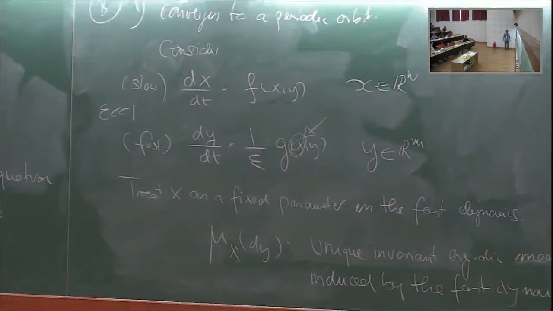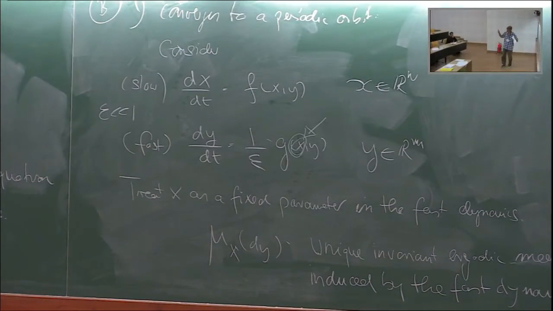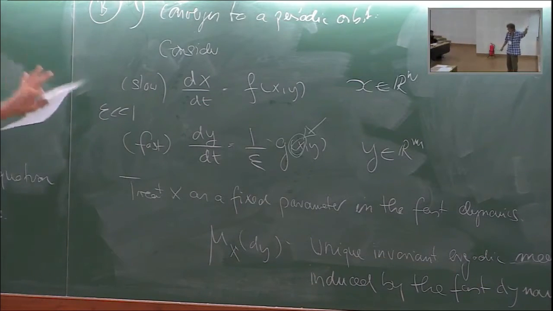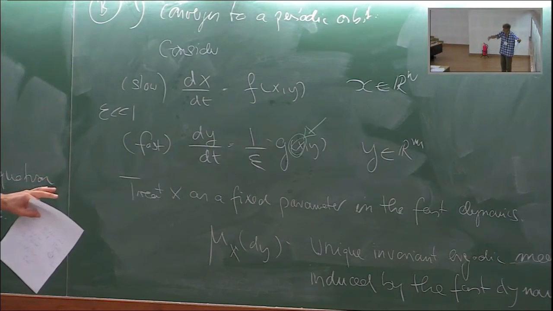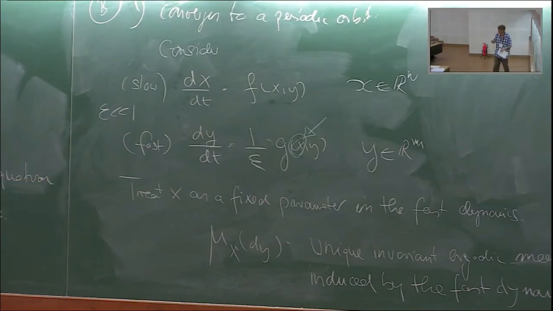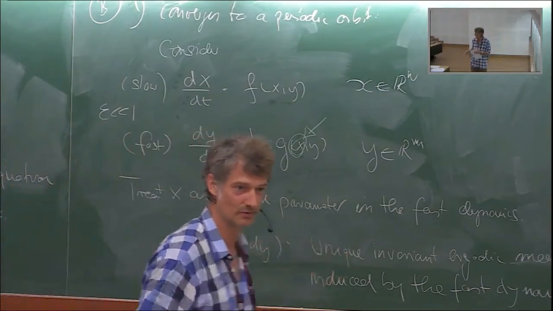Okay, so now we become stochastic. Tomorrow we do averaging again, but we use a different framework, and that allows us to treat stochastic systems and do perturbation theory, and evaluate things to certain order.